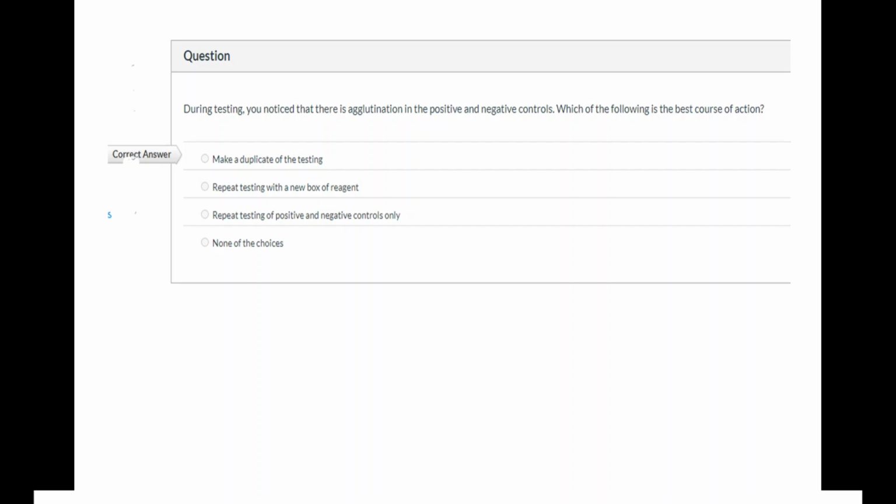If you remember in the flow chart of how to resolve discrepancies whenever they arise, the very first thing you do is, of course, to recheck the box for whether the reagents are contaminated or expired.